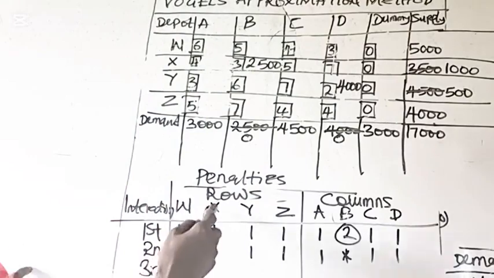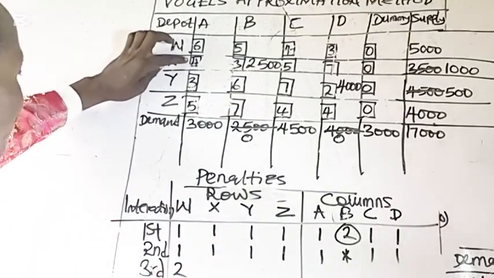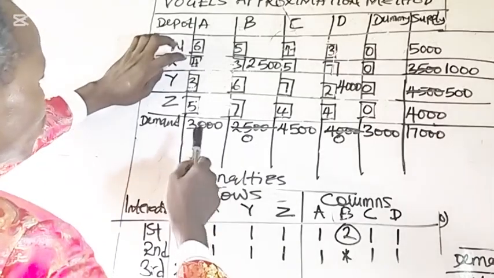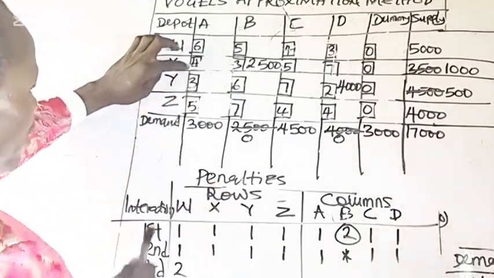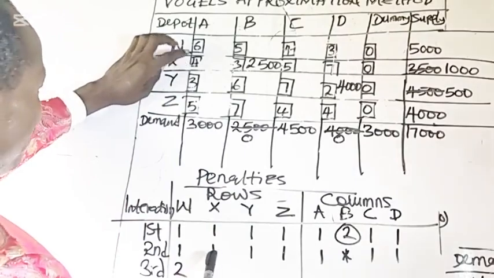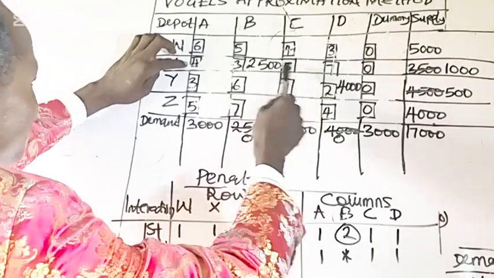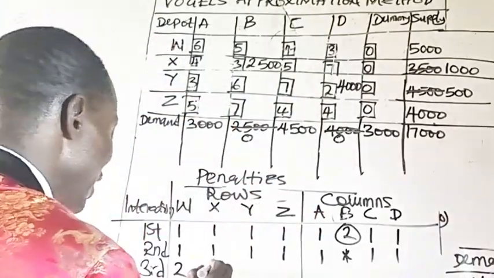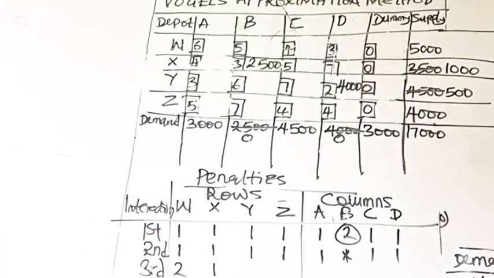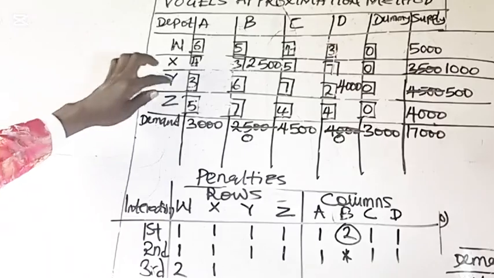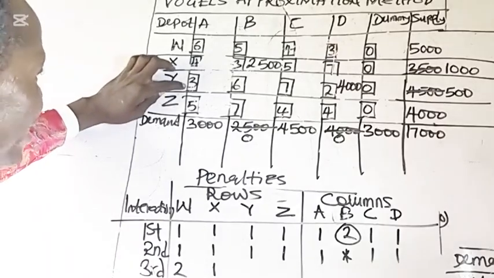Then we have row X. The least cost is 5. The next least is 4 here. The next least cost is 5. 5 minus 4, that is 1. Then row Y. The least cost is 3.